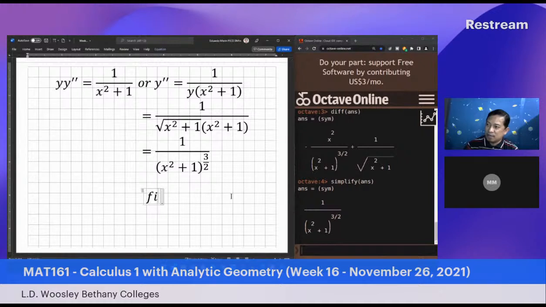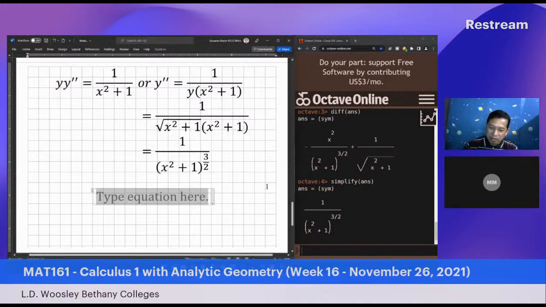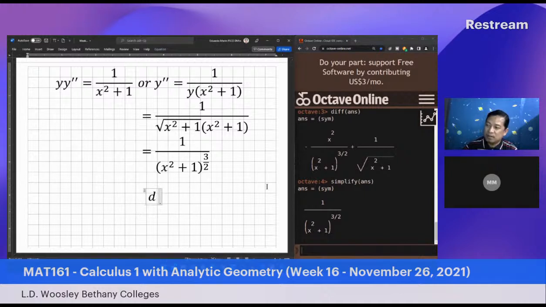So for the derivative, if we call the derivative of a function f of x, the first derivative niyan, basically we call it f prime of x, or sometimes we call it y prime, or simply first derivative, no?